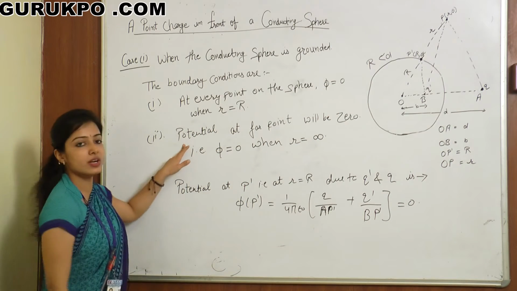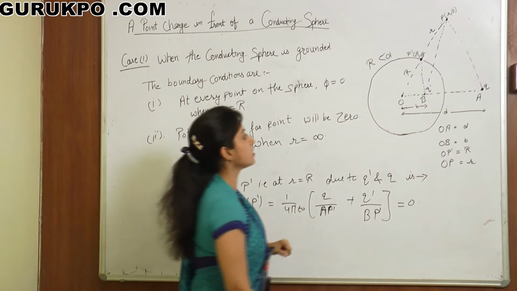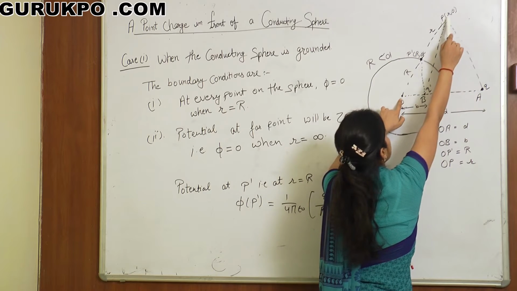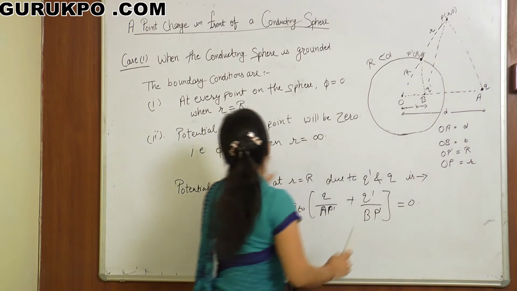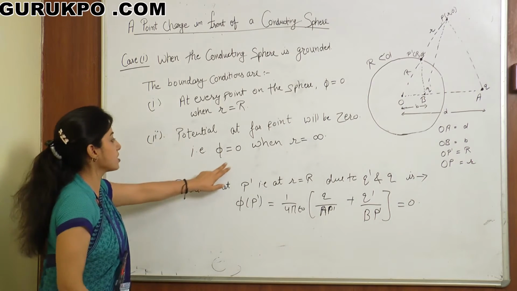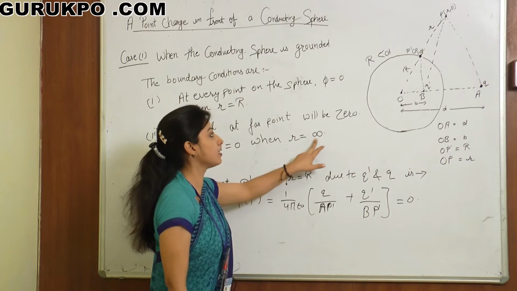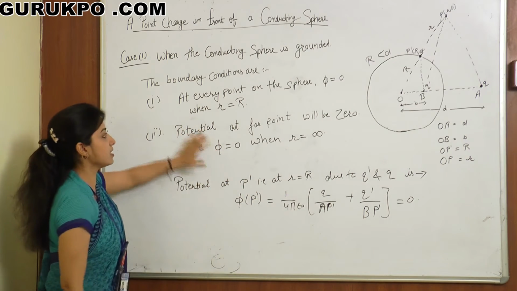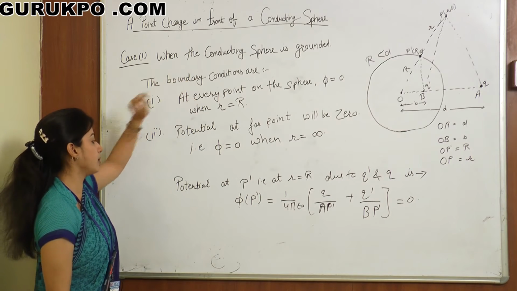The second boundary condition is that the potential at a far point will be 0, that is, if the point is at a far point, suppose at P, the potential will be 0 when r is equal to infinity. These are the two boundary conditions when the conducting sphere is grounded.